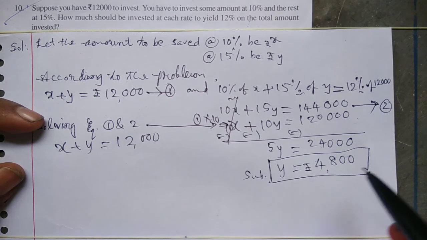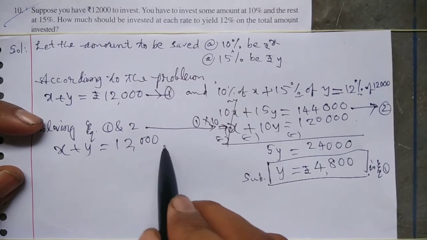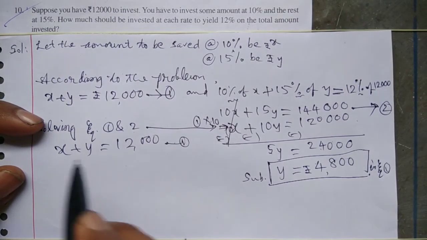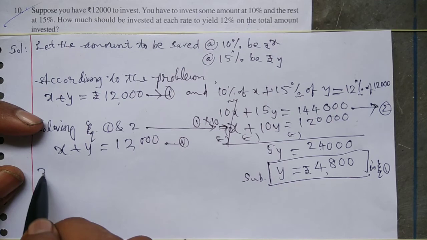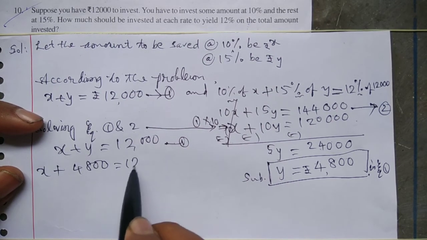Substitute y is equal to 4,800 in equation 1. Here we have equation 1, x plus 4,800 is equal to 12,000.